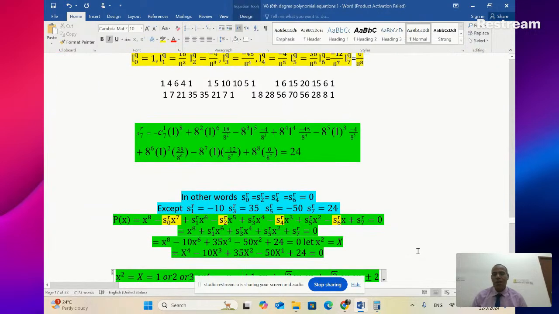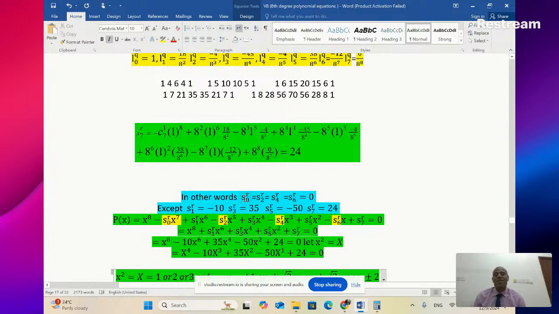I can conclude now that, in other words, S0 is going to be equal to 0. S2 of odd q is going to be 0. S4 of odd q also is going to be 0. And S6 of odd q equals 0.